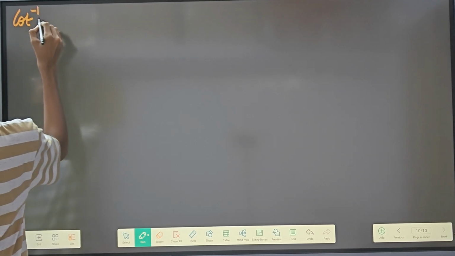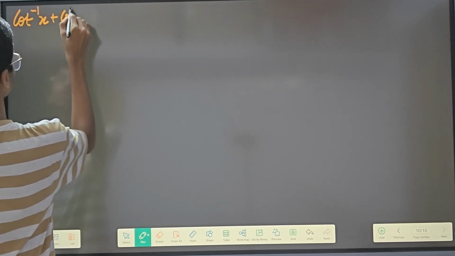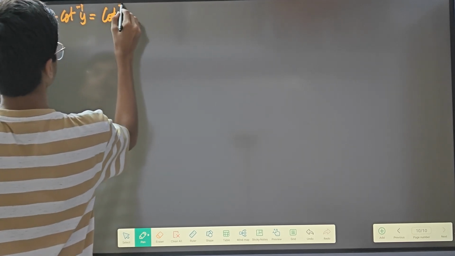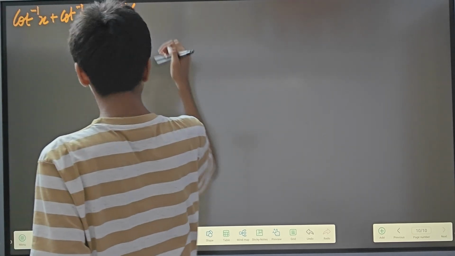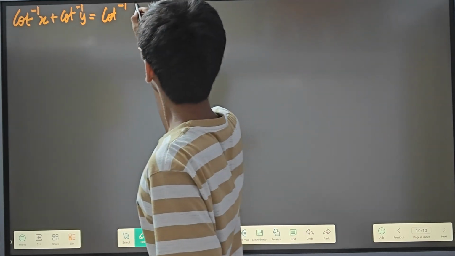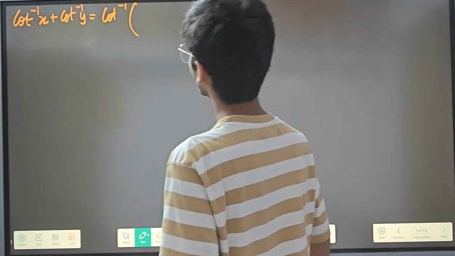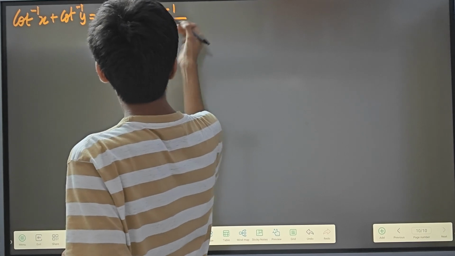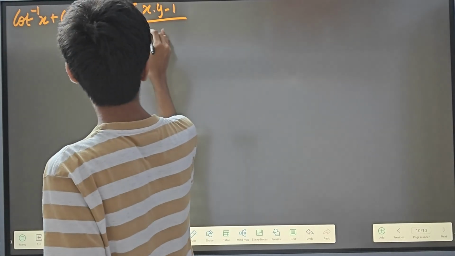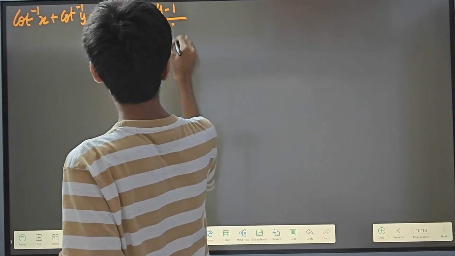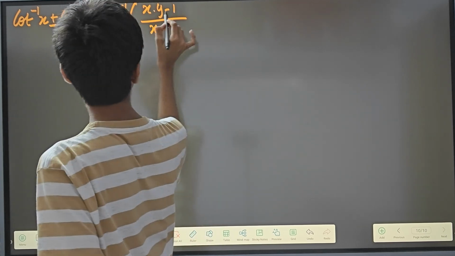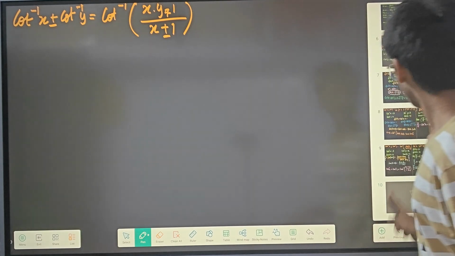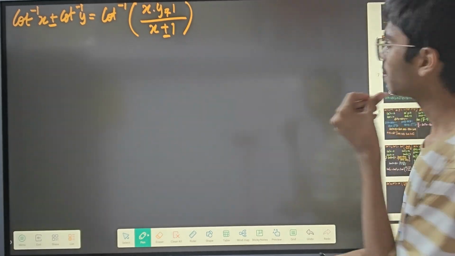Cot inverse x plus cot inverse y is equal to cot inverse of x times y minus 1, whole divided by x plus y. If minus is here, then here plus will be there and here minus will be there. That's the difference. One thing I have to say.